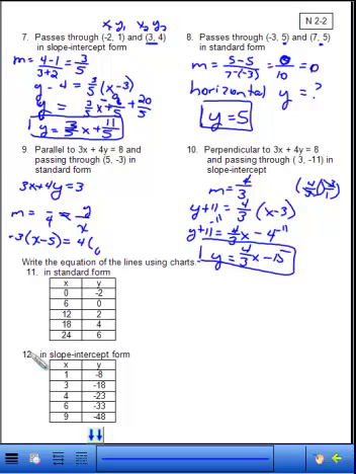Now when you have charts, we're going to have to find the difference, find our delta y. So this goes up 2 each time. This is a pretty steady chart, and this one goes up 6 each time.